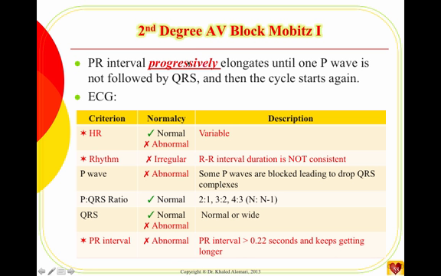Now, since the PR keeps prolonging, the R to R intervals will not be consistent. And that's what distinguishes it from the first degree. The PR is always abnormal, longer than normal, but keeps getting longer and longer, meaning it keeps delaying more and more.